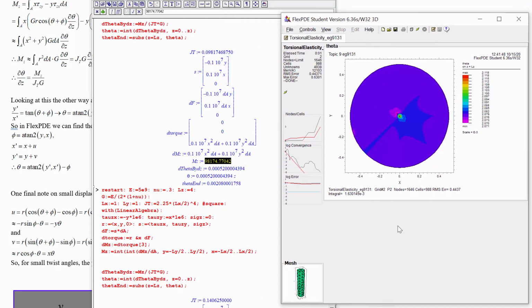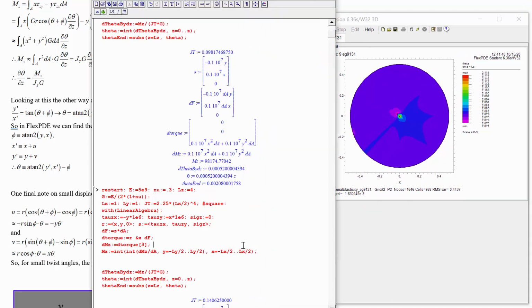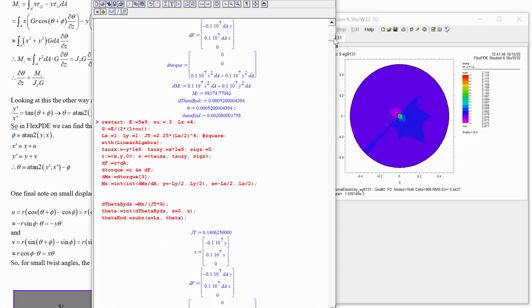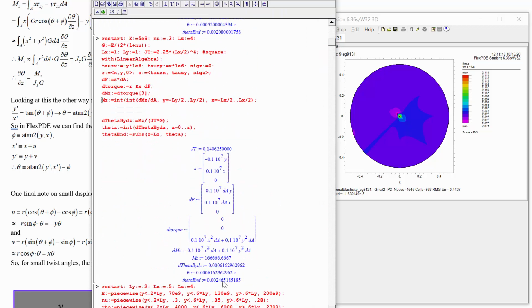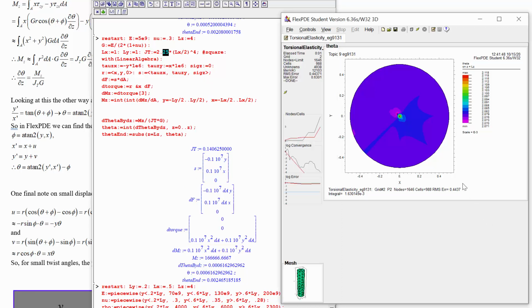What about for the square cross section? In Maple, we found that that should have a twist angle of 2.465 using this different torsion constant than you would have had if it was just the second moment of area about that cross section. That would have been 2.667 or something. We calculated that in an earlier example.